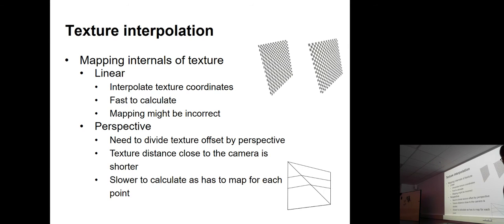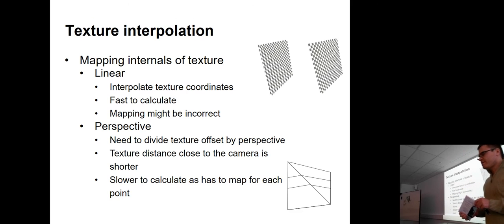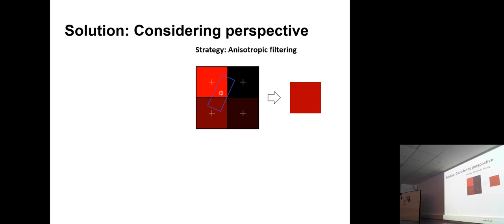And the idea is that the perspective needs to be taken into account when determining which pixels you actually see, and then use those as a basis for interpolation. That's called anisotropic filtering. So isotropic would be equal consideration of all pixels, anisotropic, not equal, would be considering your perspective onto a set of pixels and then use that as a basis for interpolation, right?